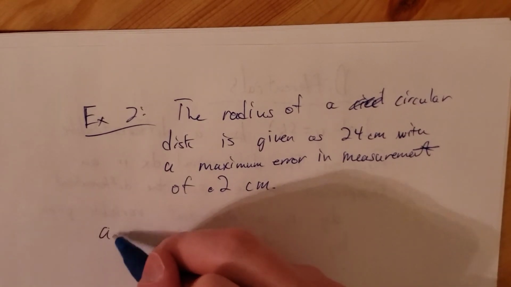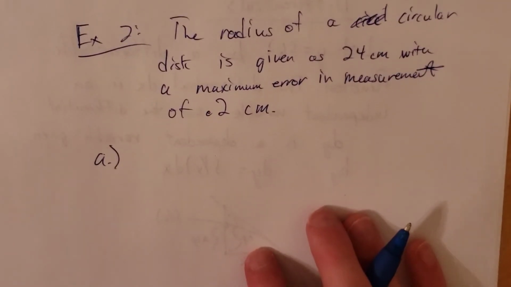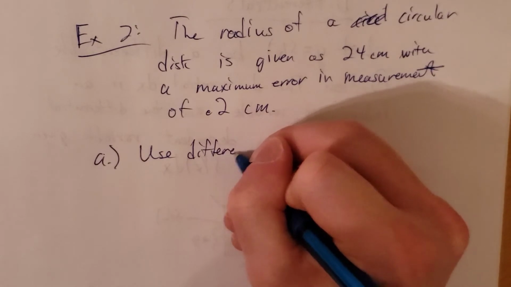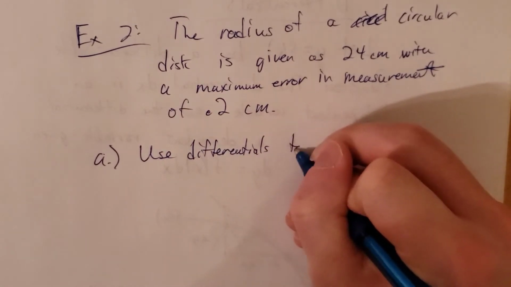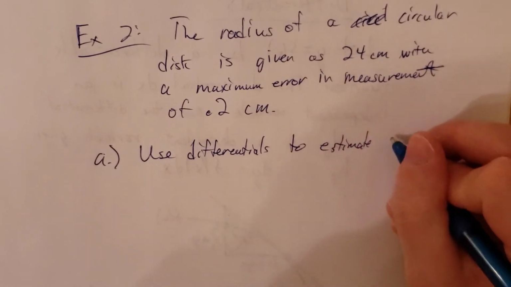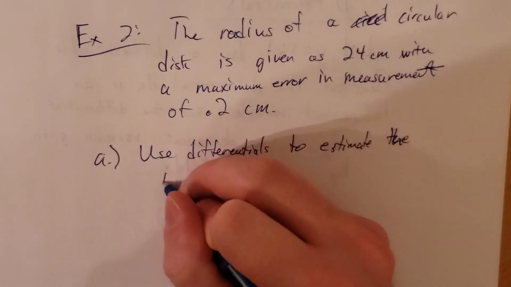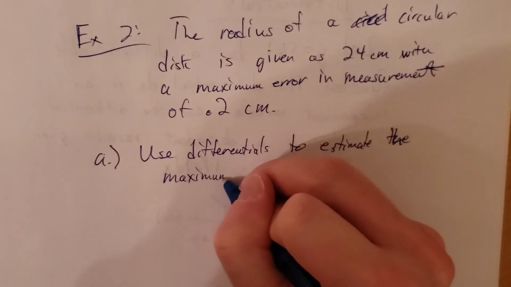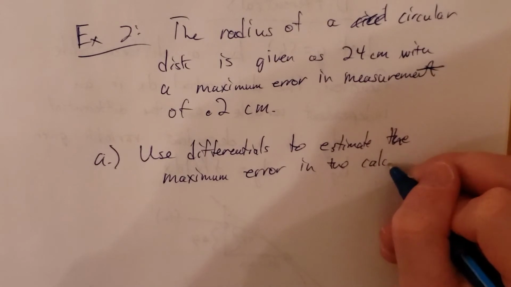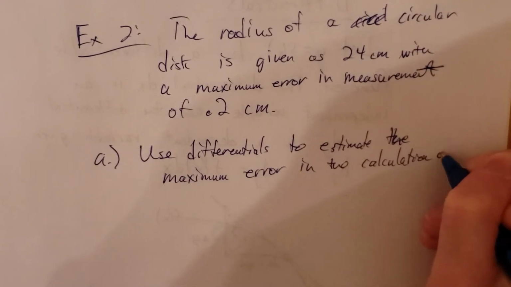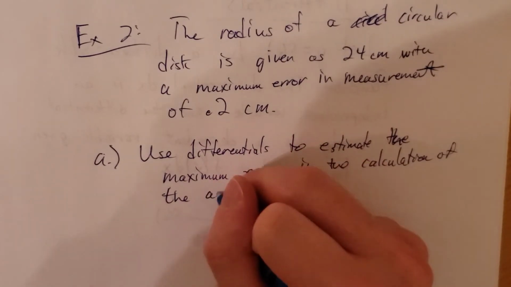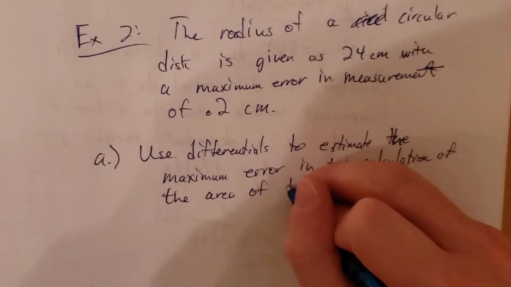Okay, so what we're going to do is we're going to use this information, use differentials, to estimate the maximum error in the calculation of the area of the disk.